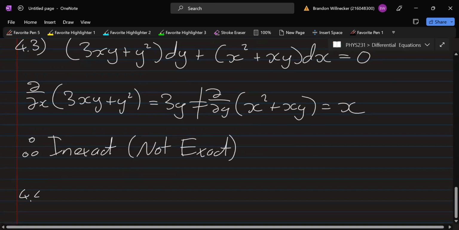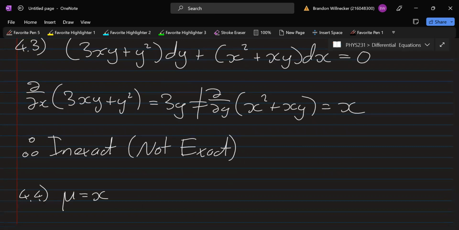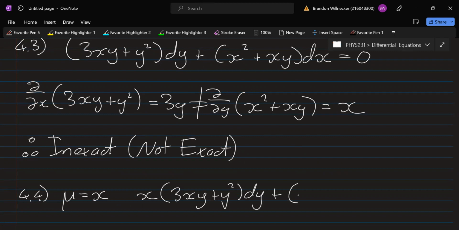Okay, so 4.4. We know that mu is x, so we can multiply through by that. So we have x times (3xy + y²) dy plus (x² + xy) dx, with the x in front, is equal to 0.